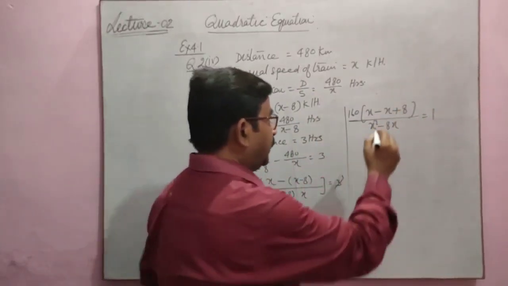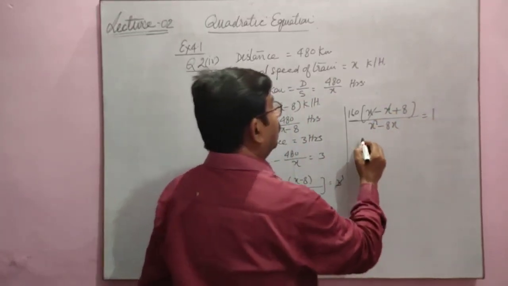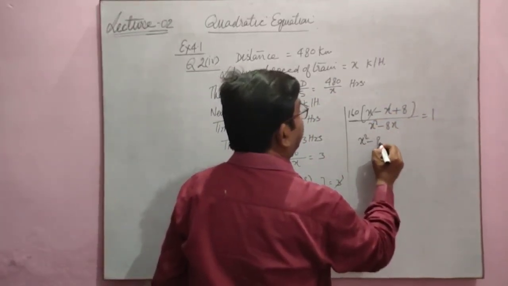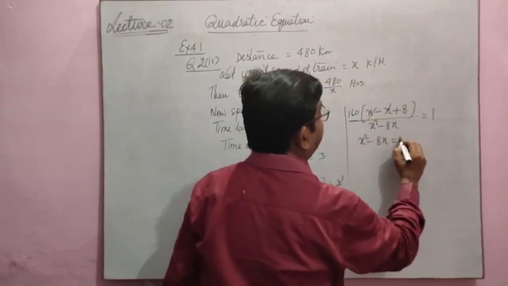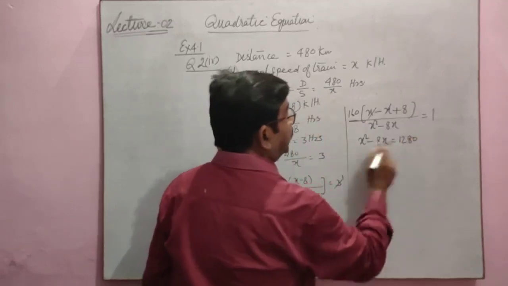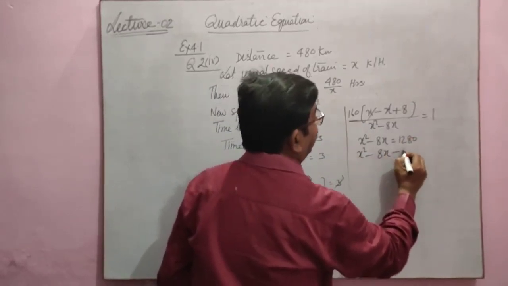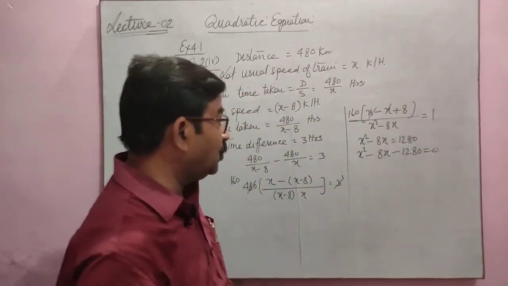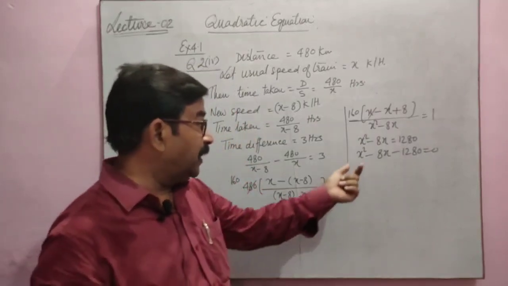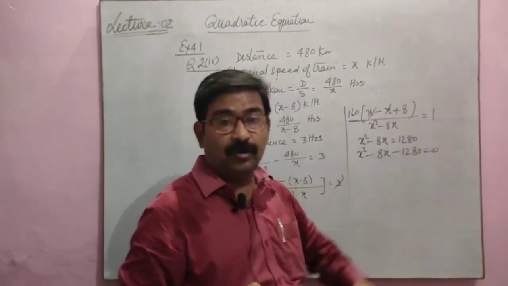Cross multiply: we have x² − 8x equal to, multiplying this, 160 × 8 is 1280. Bring this term to this side: x² − 8x − 1280 = 0.